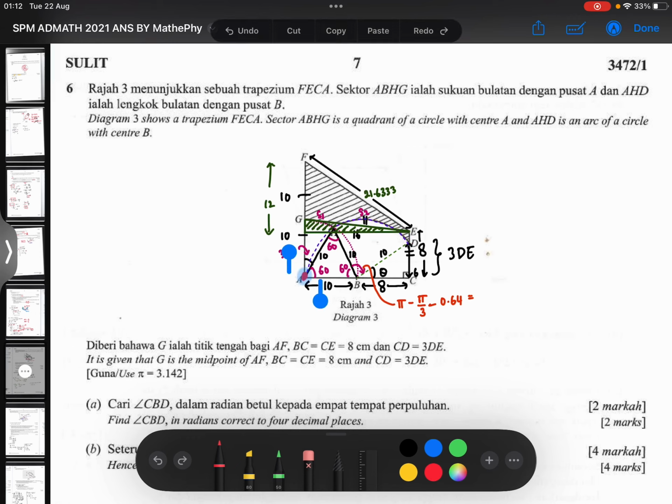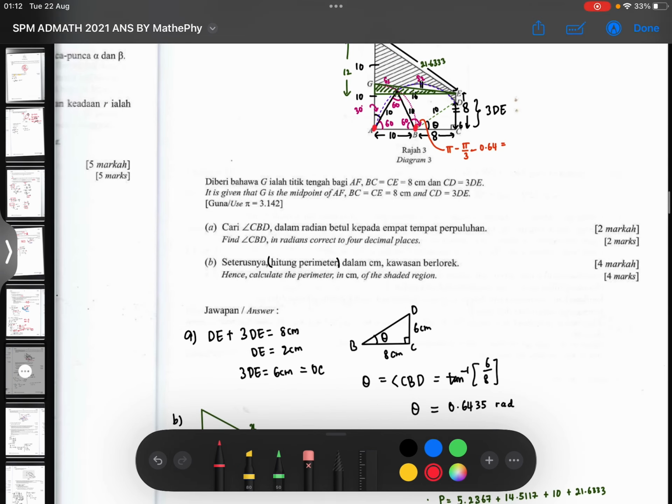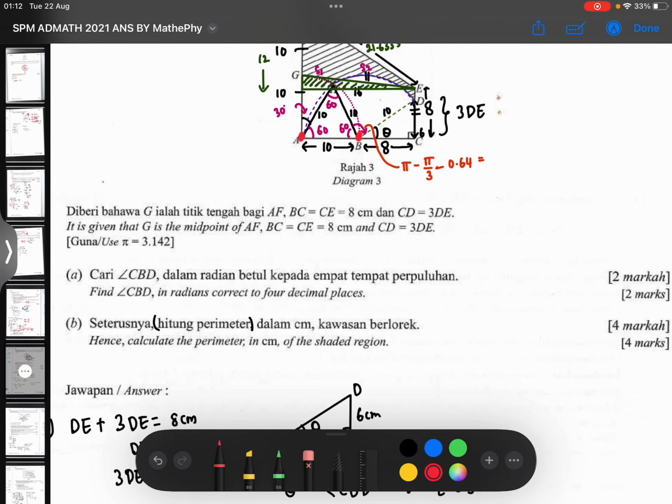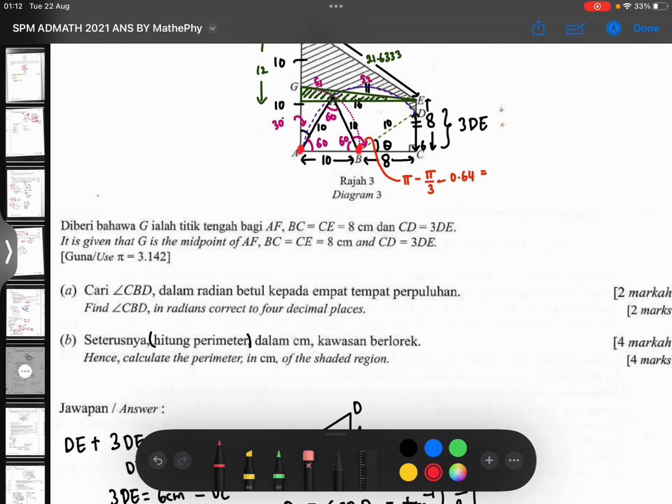So I have already drawn it. Question A: find the angle. So the angle is easy because you know BC is 8. How do I know it is 8? Because the question gives BC is 8. BC equals CE equals 8.